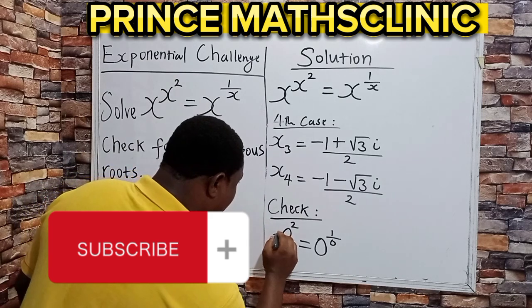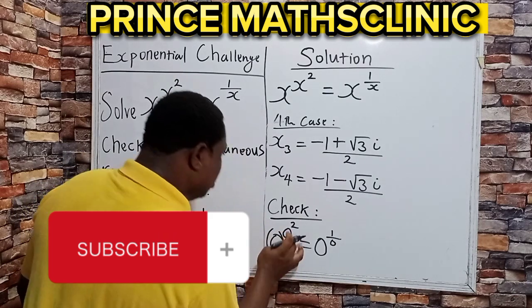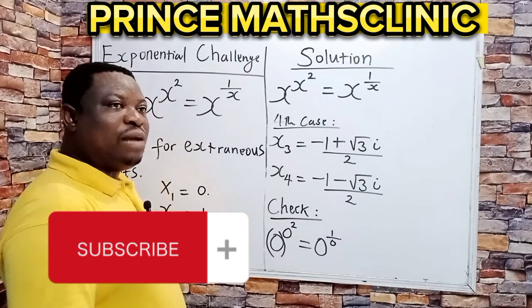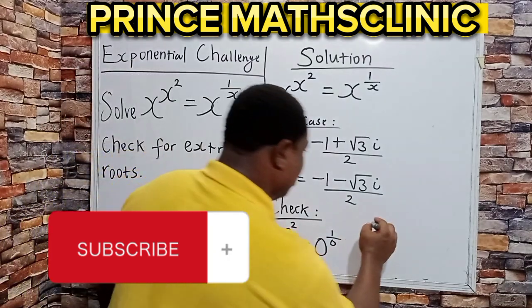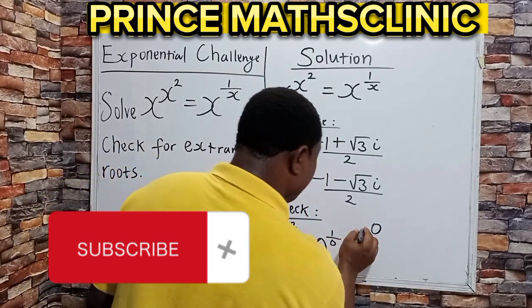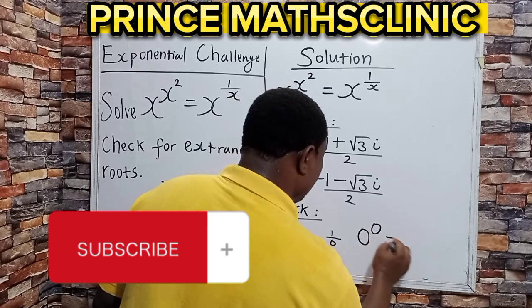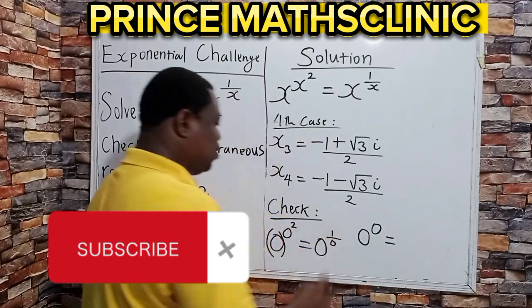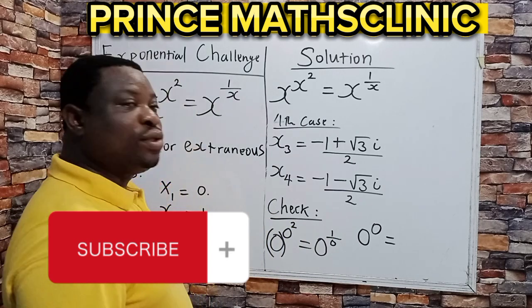Let us put this in a bracket. 0 to the power of 2 means 0 times 0, which is 0. Then 1 over 0 is what?